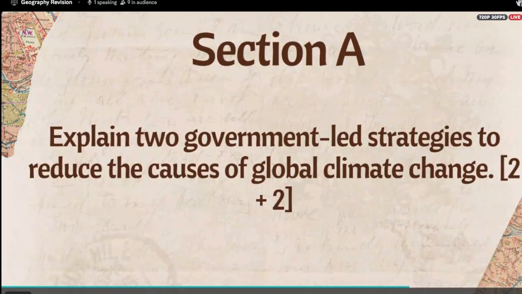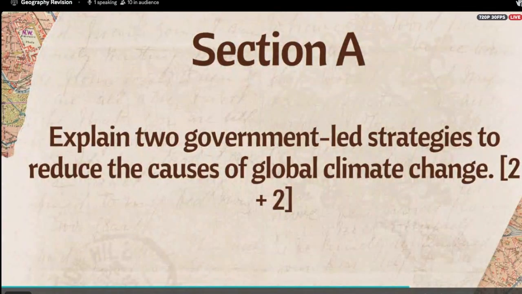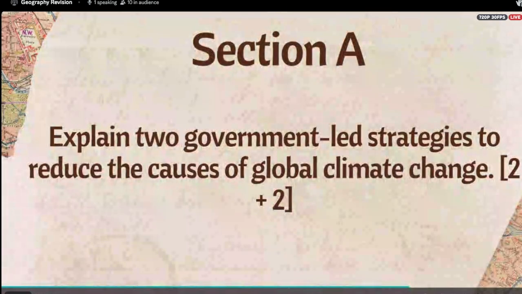As the mark scheme shows, which I'll show you right now, instead of being specific about what kind of countries, you do it really generally. So for example, you have government investment, government sponsored strategies, local government strategies.